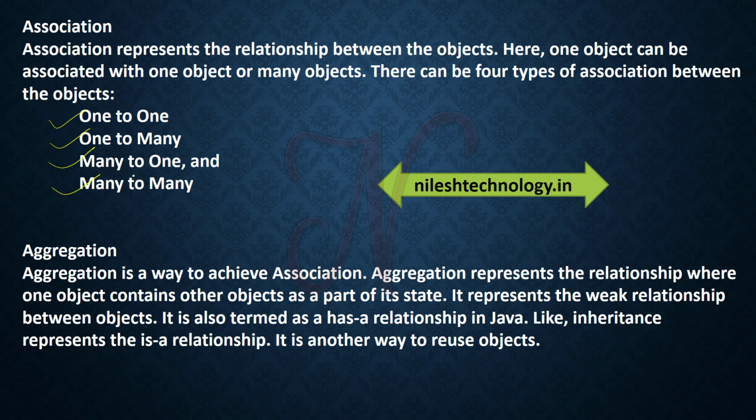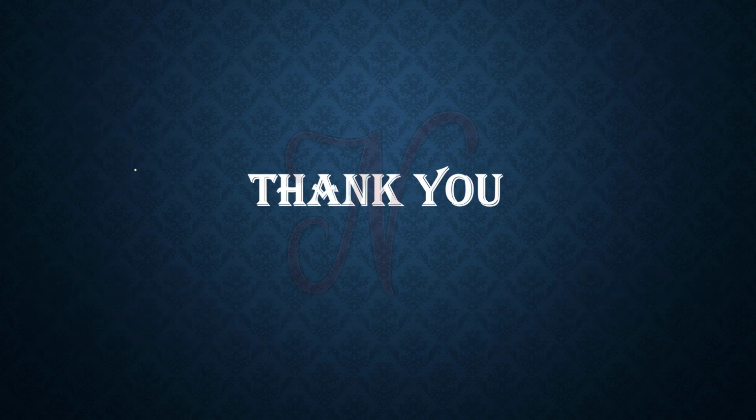Then aggregation. It is a way to achieve association. Aggregation represents the relationship where one object contains other objects as a part of its state. It represents a weak relationship between the objects. So these are the object-oriented concepts, along with the naming conventions.